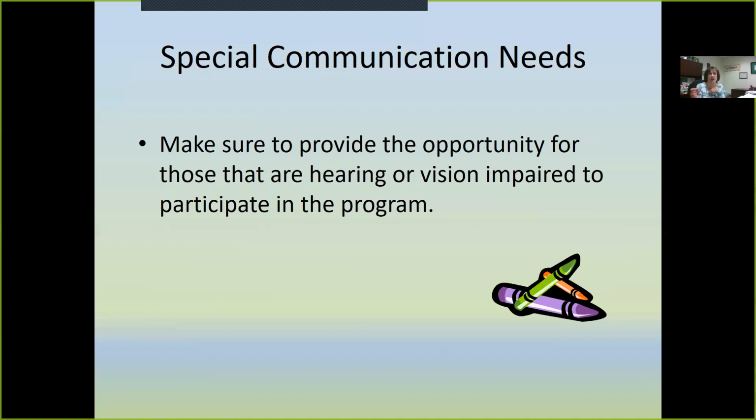Usually you want that date to be at least a week out, if not 2 weeks out from the event, so that you can start making those arrangements. As far as hearing impaired, you may have to get a signing interpreter, and Extension can work with you on trying to figure out where to get those individuals.